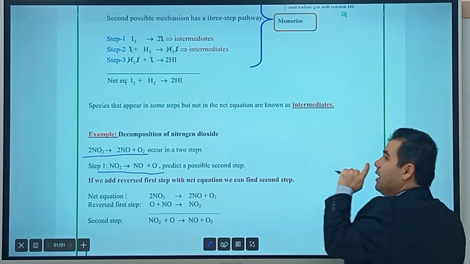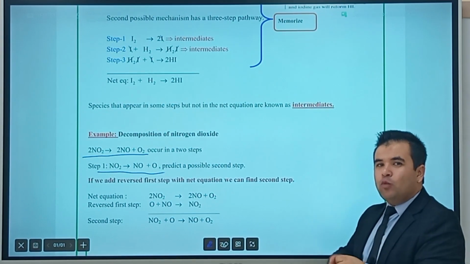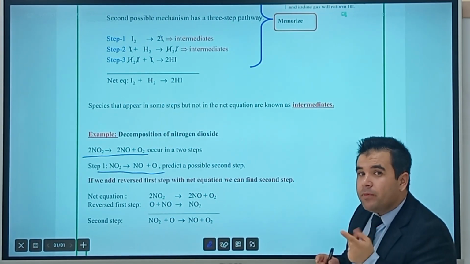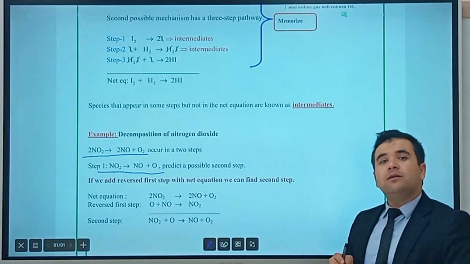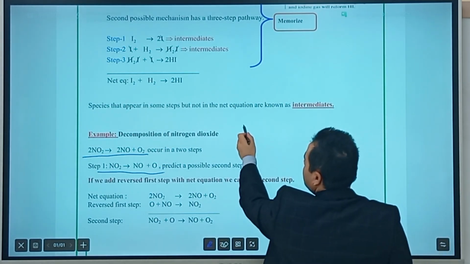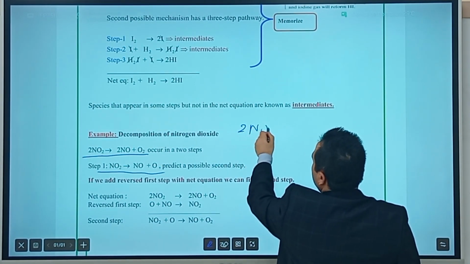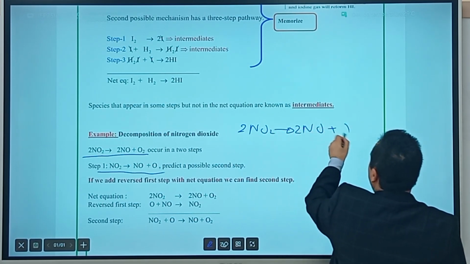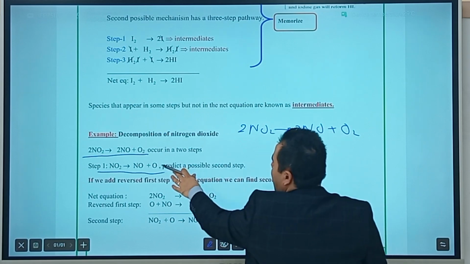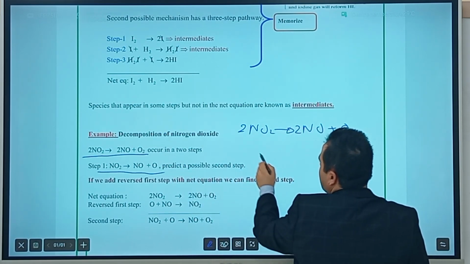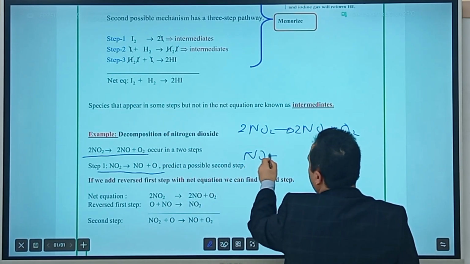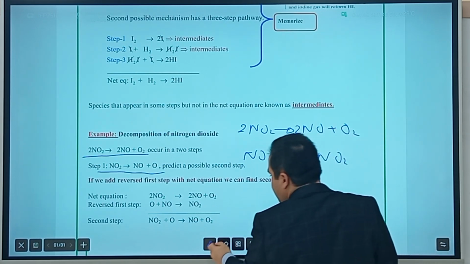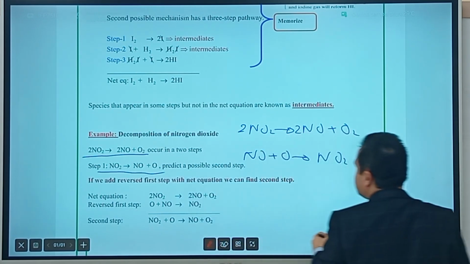For this, to find the missing step, always reverse, flip the given step, add it with the main, and you'll get the missing step. So the main equation, rewrite the same: 2NO2 will produce 2NO plus O2, and flip the given step, it will be NO plus O will produce NO2, and then add them together, and you'll get the missing step.